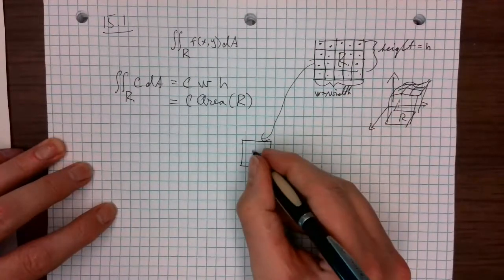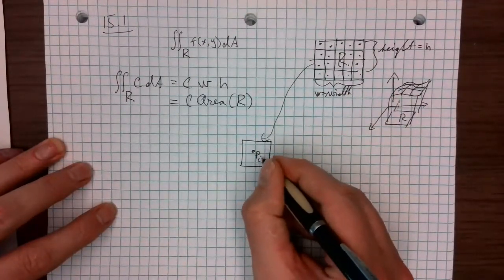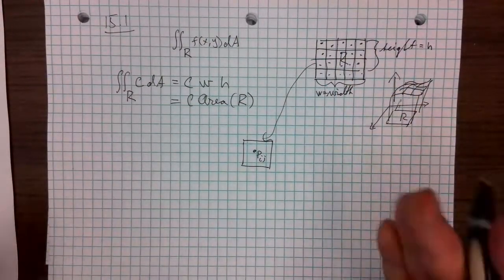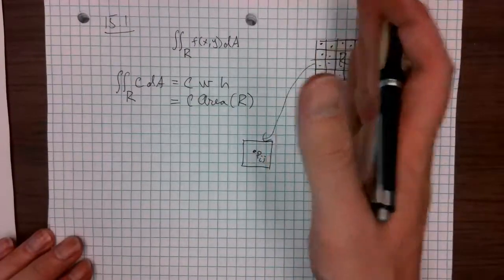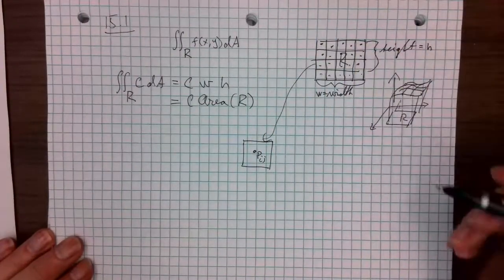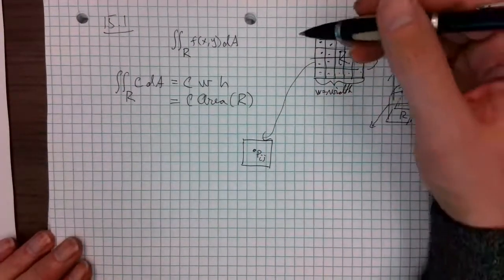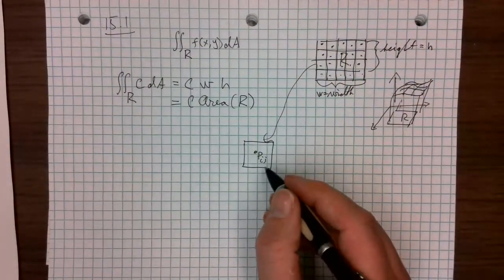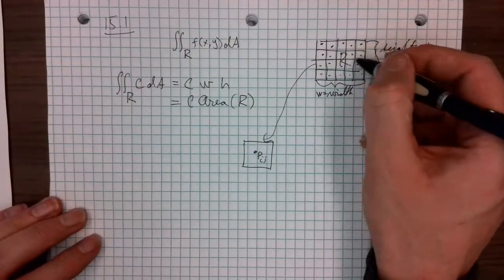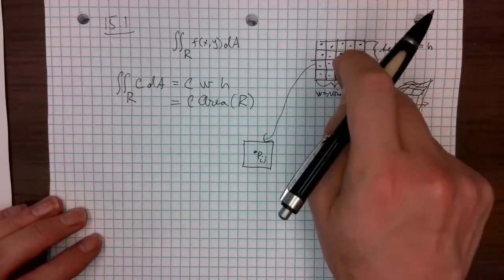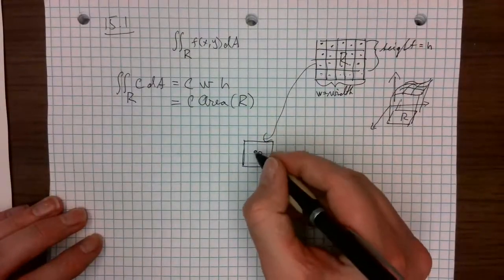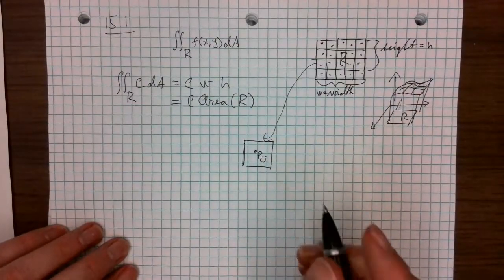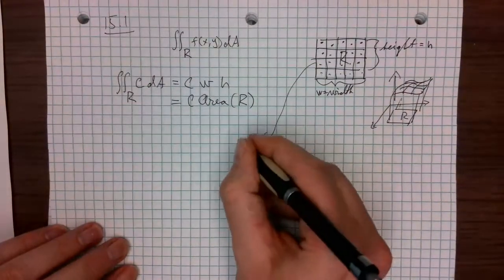You pick a point, we're going to call it Pij, because there's i and j as indices. Maybe i is which row it is, and j is which column it is. It doesn't really matter how you index things, but it's the ijth little box. That's what this is, and I'm going to call this point Pij. And how is this box defined?